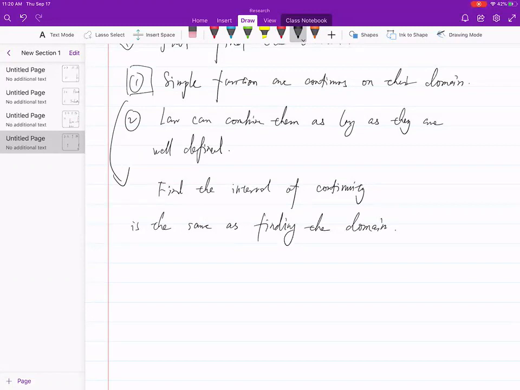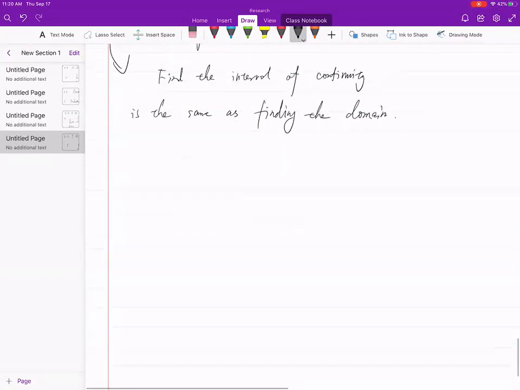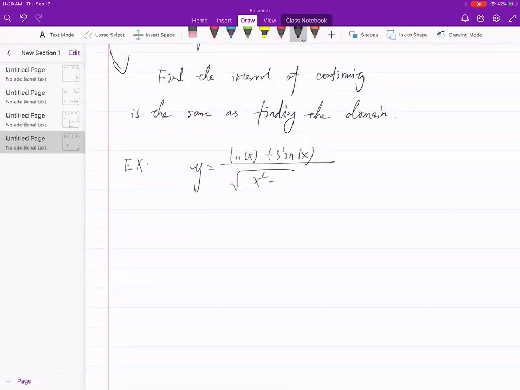Let's try one example. Let's try a big, long example. And then we're all set. Y equals ln x plus sin x over the square root of x squared minus 4. Find where it is continuous.